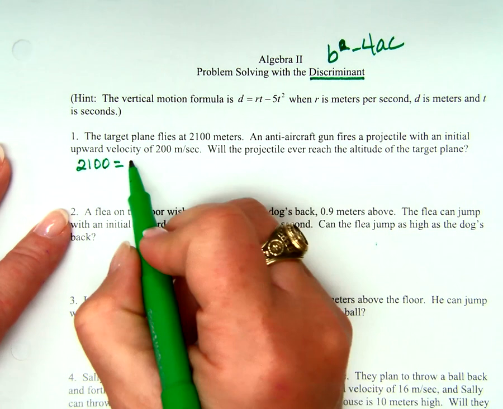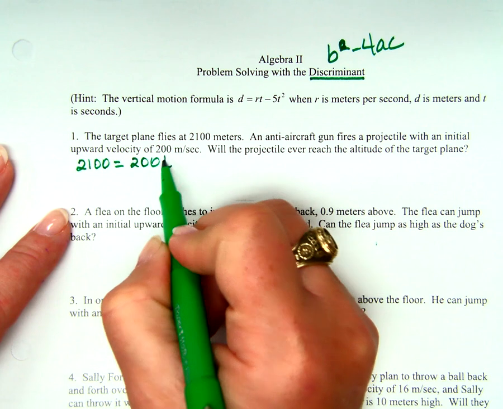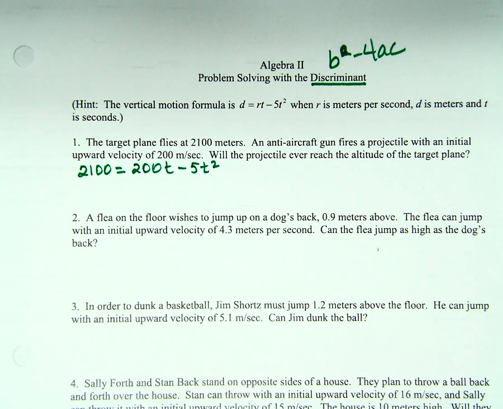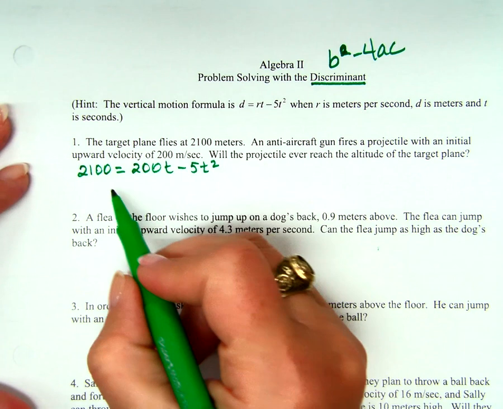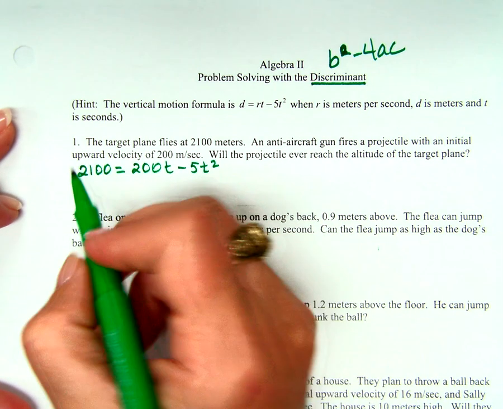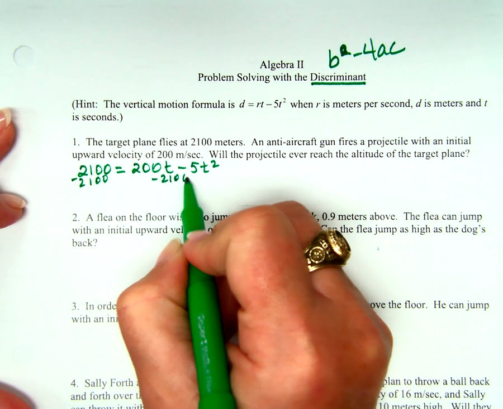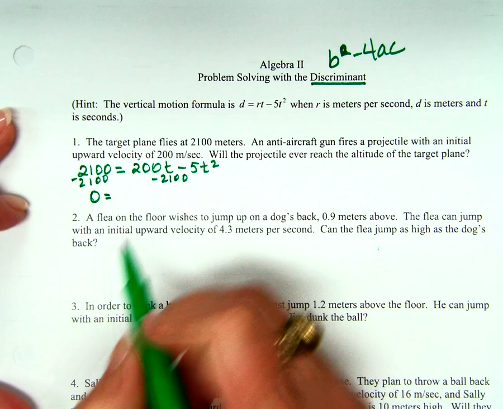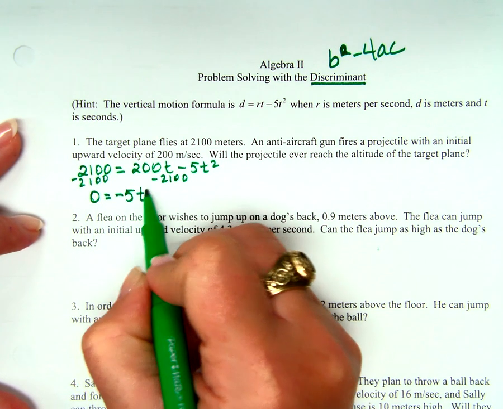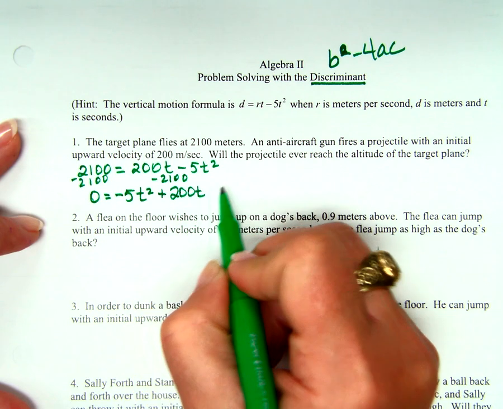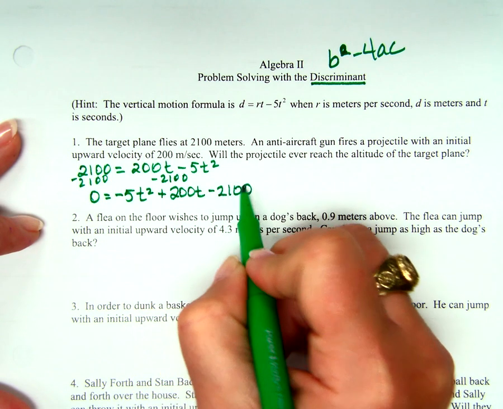Oh, okay, R is 200, T minus 5T squared. So I want to get this in order, right? So let's subtract 2100 and get it in order at the same time. 0 equals negative 5t squared plus 200t minus 2100.